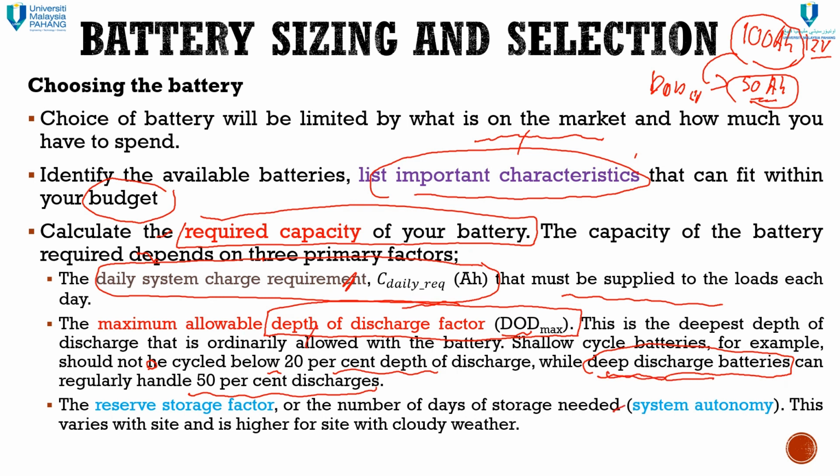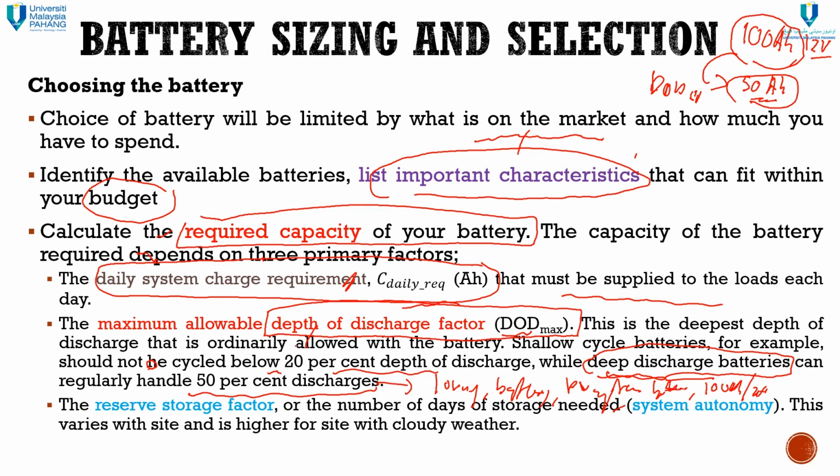Deep cycle is actually, I think, the lorry battery, or the PV system battery, or you can see the totally sealed battery with high capacity, 100 sometimes 200Ah. So that is the deep cycle.